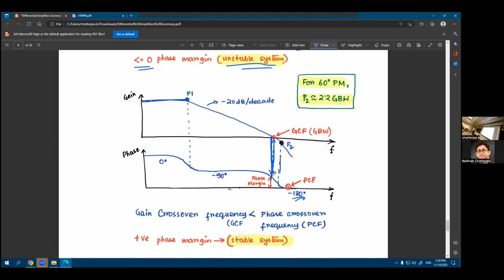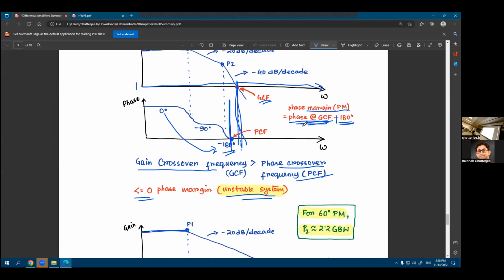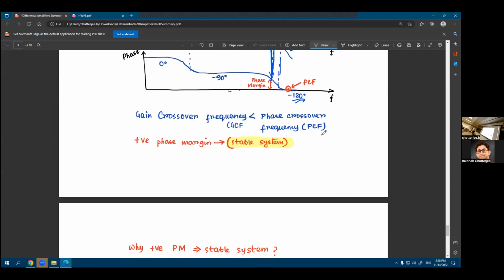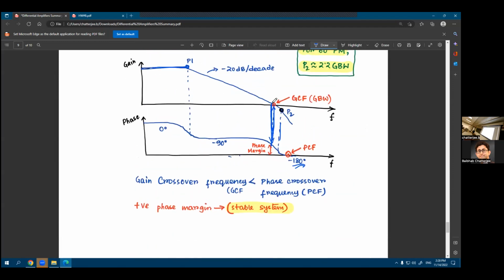So if you have minus 135 degree as your phase at the gain crossover frequency, and then you add 180 degree to it, it becomes positive 45 degree, right? So if your gain crossover frequency is arriving earlier than your phase crossover frequency, you have a positive phase margin, which will mean a stable system, that there will be no oscillations.